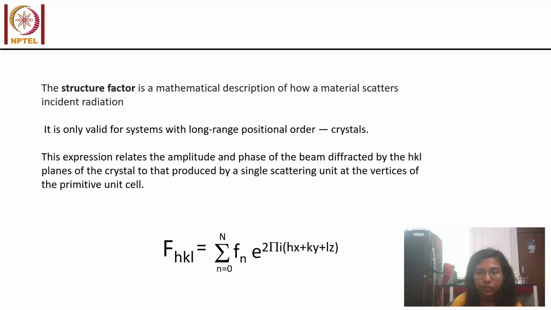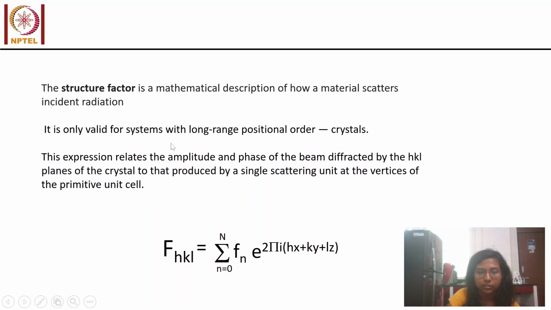A polymer can have short range order in some regions, but it will not have long range positional order. Hence you cannot determine the structure factor in the case of polymers.